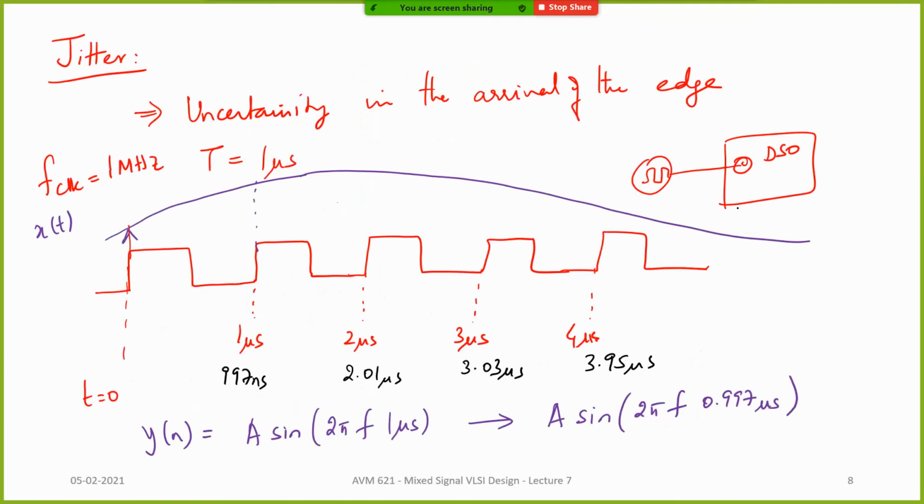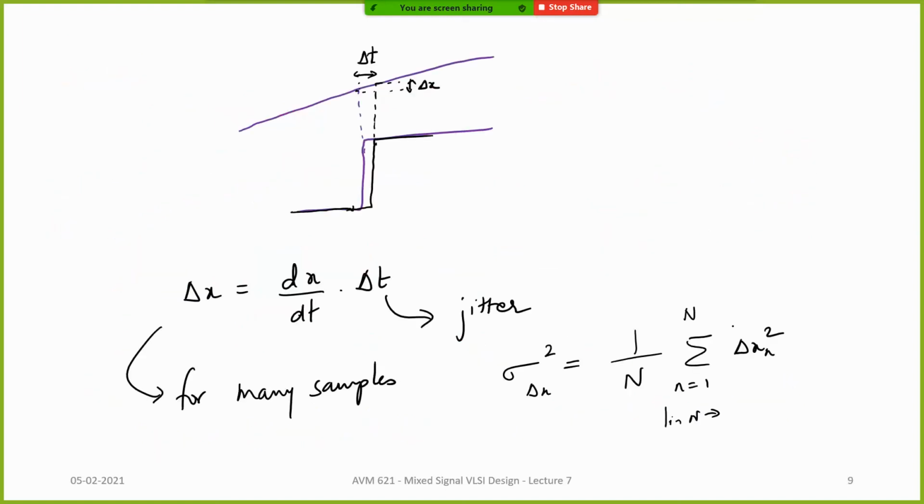That means you look at the error at the first edge, second edge, third edge, fourth edge, like that. You take, let's say, some thousands of edges and compute the error, and this process is usually random. The uncertainty is usually random in nature, so you get a certain spread, and what you're calculating here is the mean squared error.